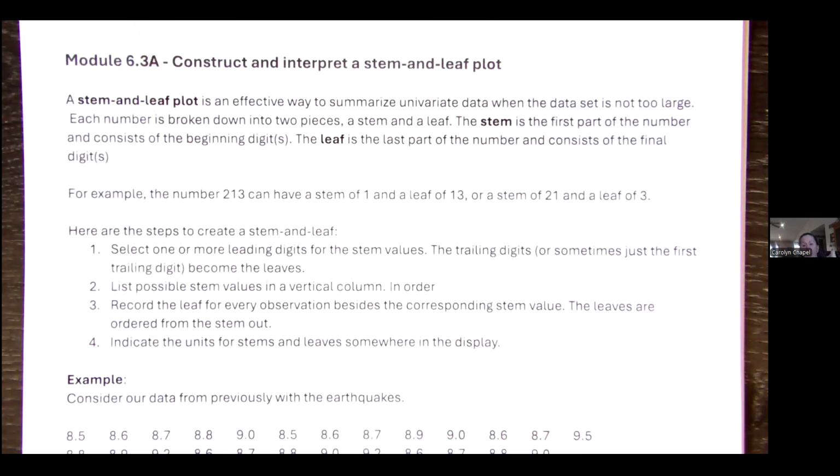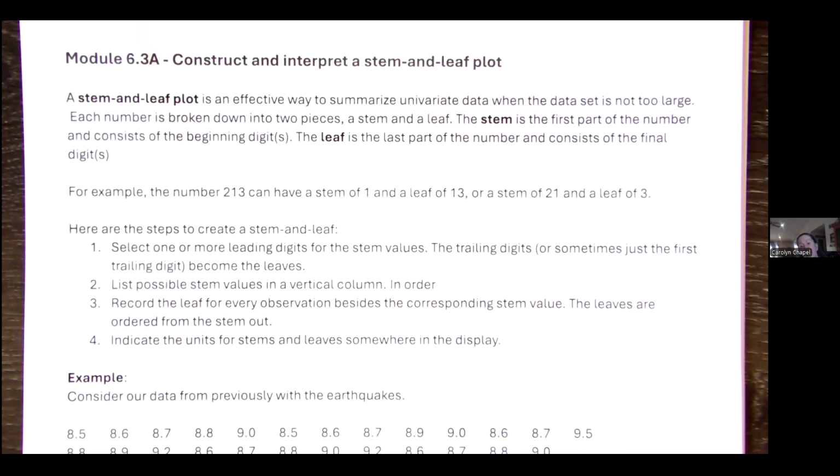One we're going to call the stem, and the other part we're going to call the leaf. A lot of times the leaf, which is the second piece, is a single digit. For example, the number 213 can have a stem of 1 and a leaf of 13, or a stem of 21 and a leaf of 3. I have seen more examples of using a single-digit leaf than the double-digit leaf.